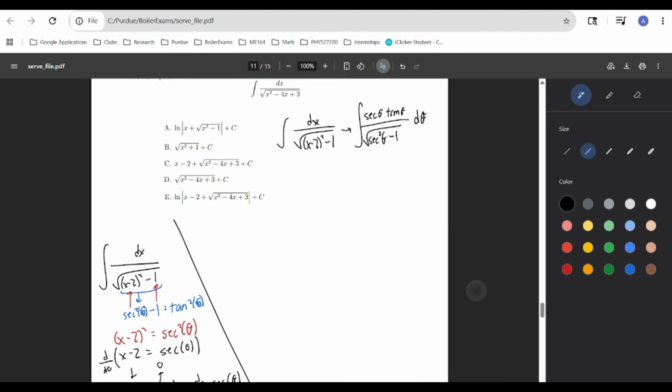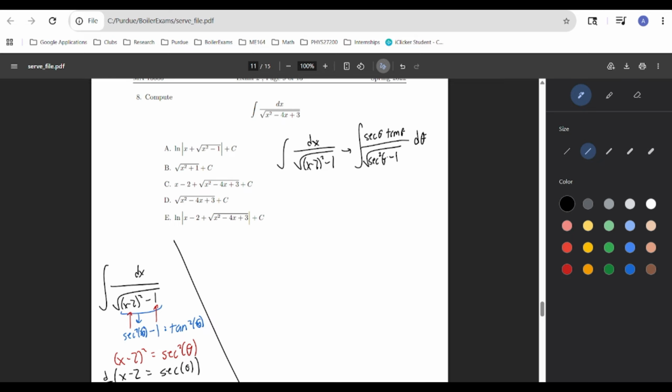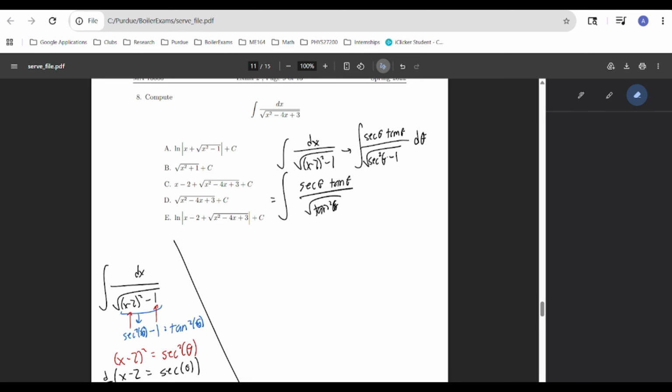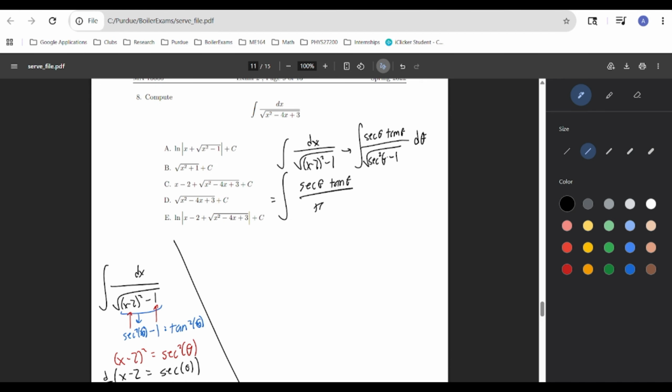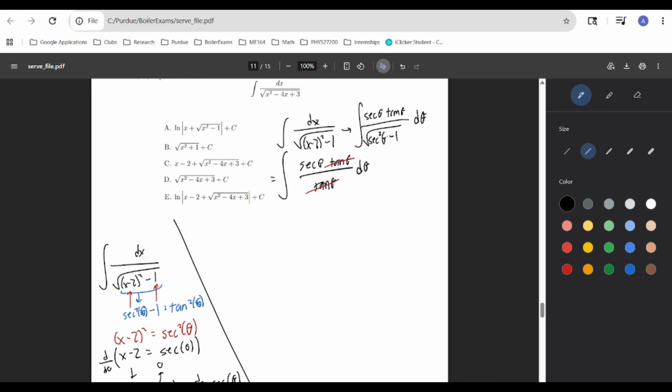That is equal to tan squared of theta. Under the square root, that becomes tan theta. So we have here the integral of secant theta tan theta over the square root of tangent squared theta, which we just said is equal to tangent of theta, d theta. Our tangents will cancel out, as I just went on a tangent, and all we're left with is the integral of secant of theta d theta.